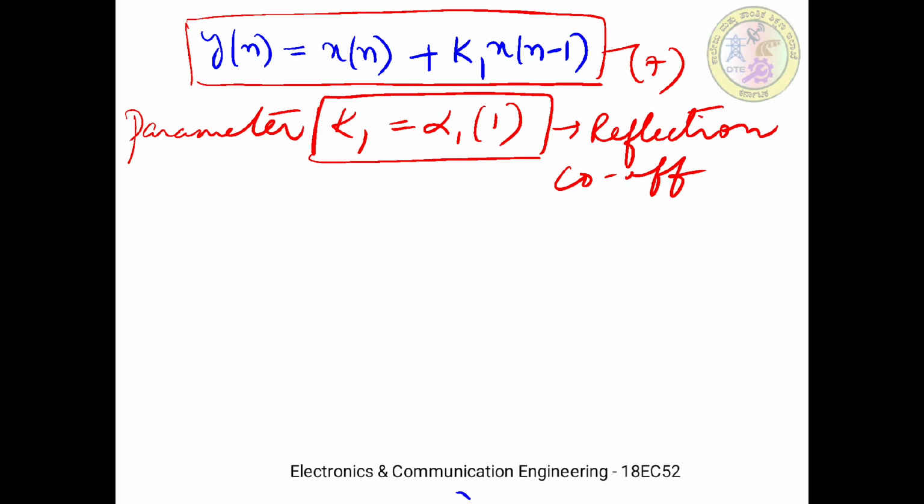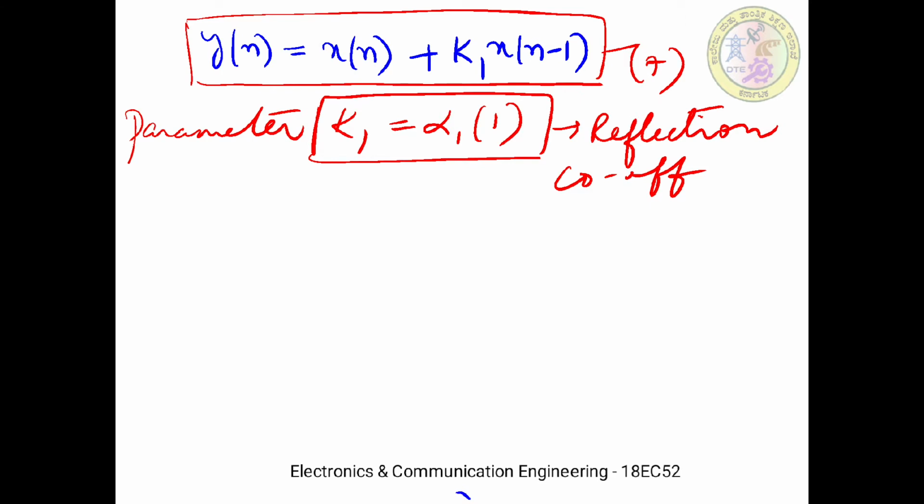That was regarding the realization of the lattice structure for m equal to 1, that is the first order filter. Now continuing, let us develop the realization for the second order filter, where m is equal to 2.